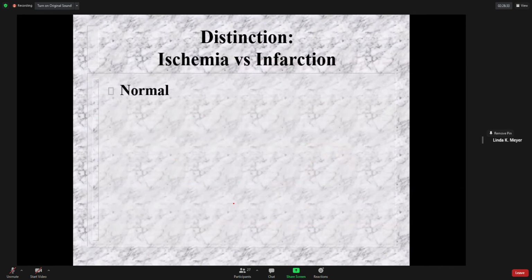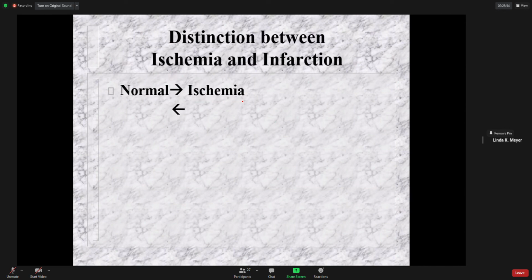Okay, so again, to distinguish ischemia from infarction, let's look at this final flow chart to sum this up. First of all, we have just a hypoxia, decreased oxygen, that can lead to ischemia. But again, if the oxygen supply is resumed, I gave the example of angina, the nitroglycerin opens up the coronary arteries and that ischemia reverses back to normal.